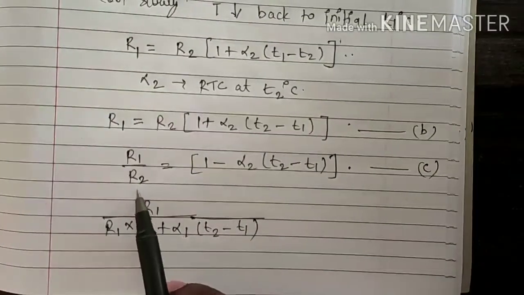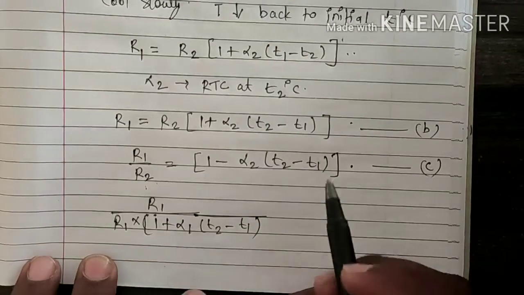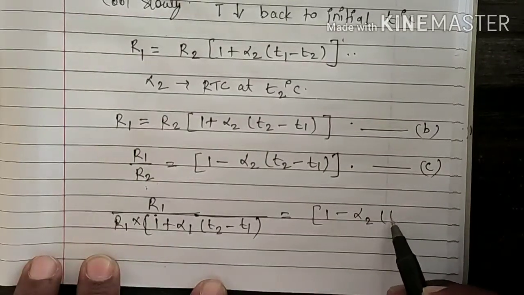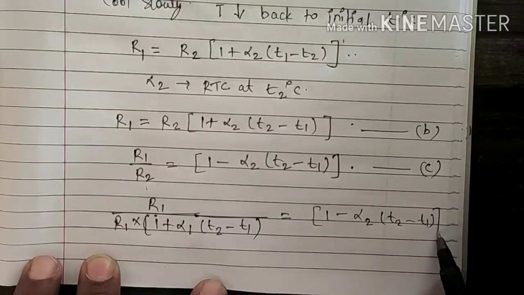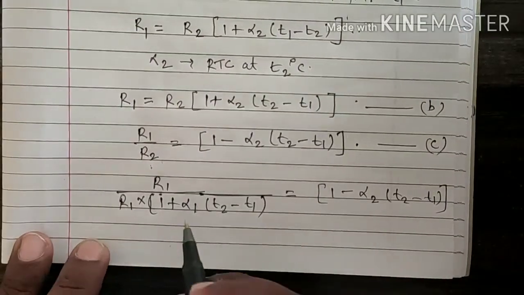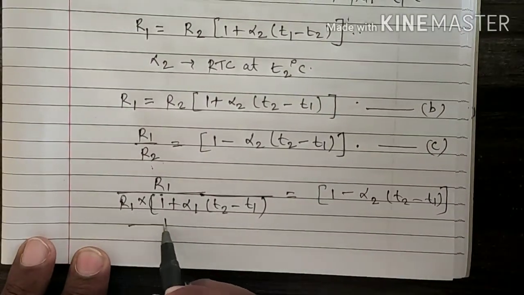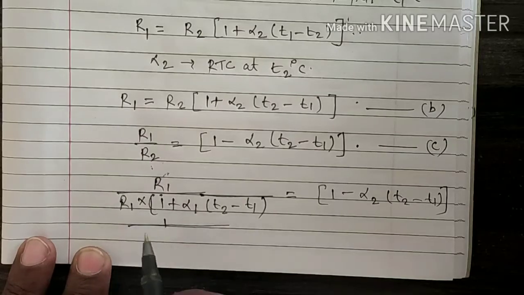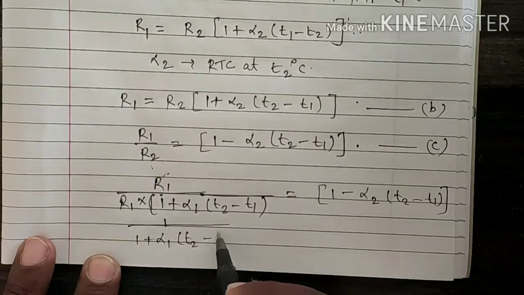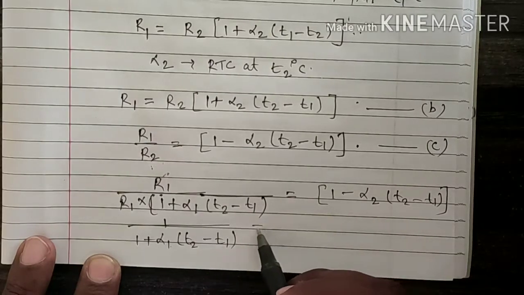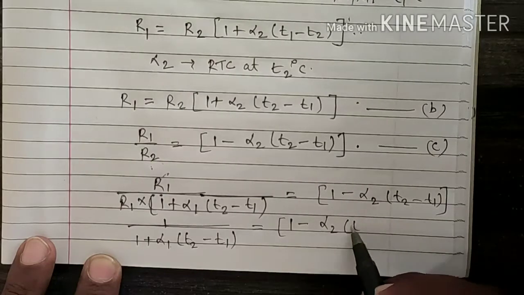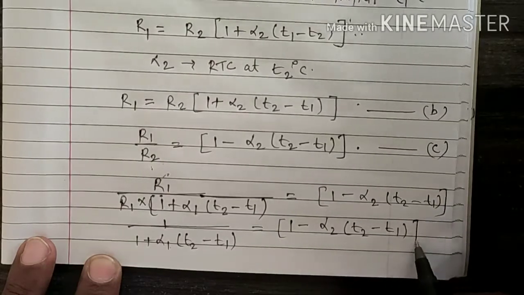After you substitute the value of R2, you will get this expression. Again rearranging, the R1 will get cancelled: 1 upon 1 plus alpha 1 times T2 minus T1 equals 1 minus alpha 2 times T2 minus T1.